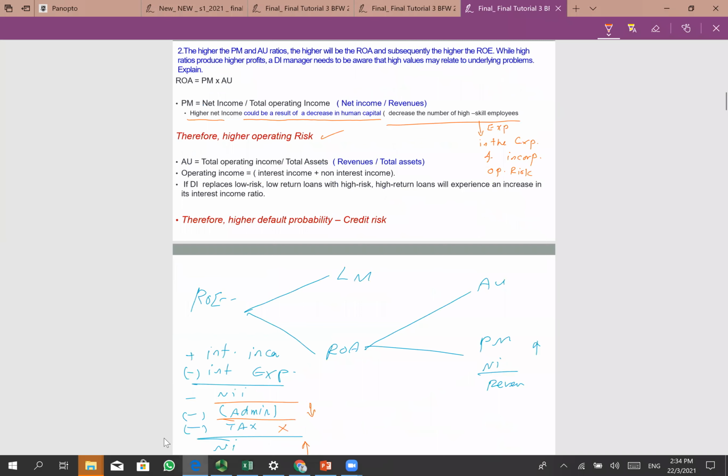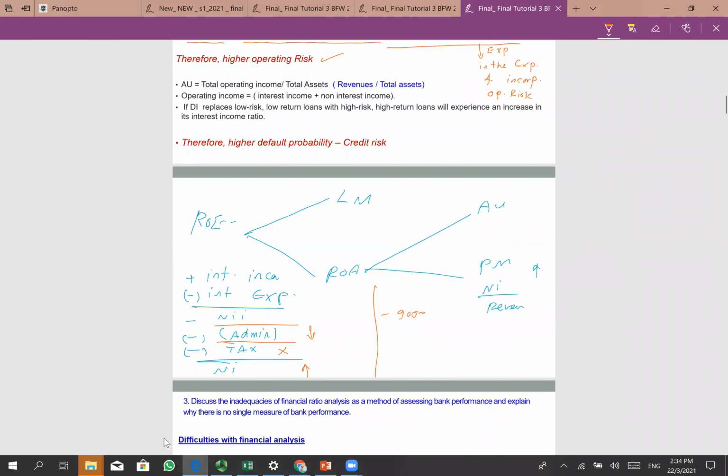I am substituting good loans, low yield, with risky loans, with high yield.